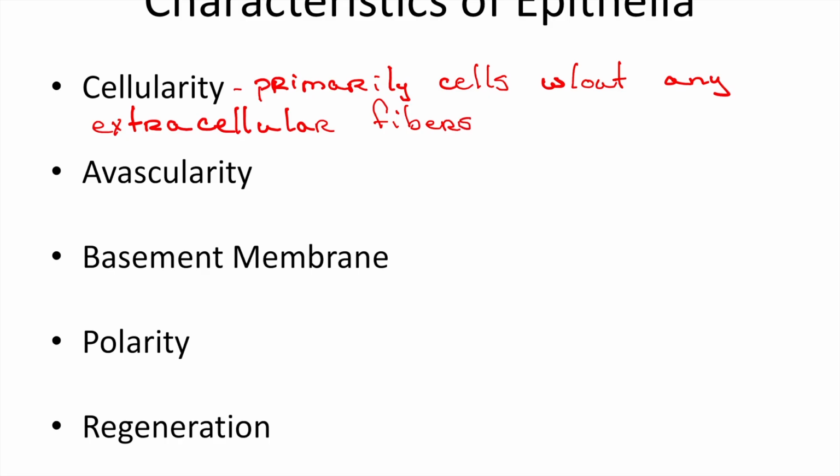All epithelium is avascular. It has no blood supply.